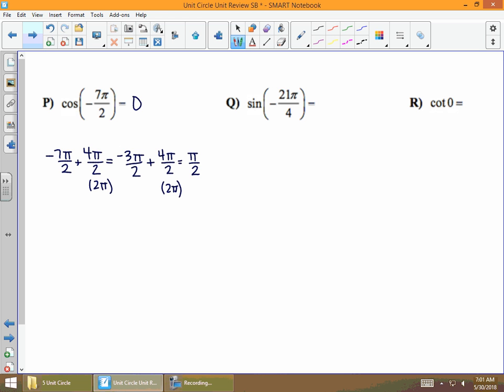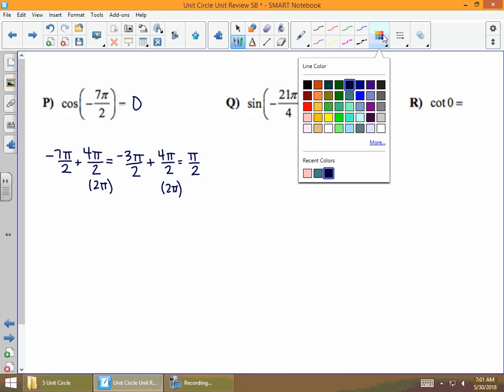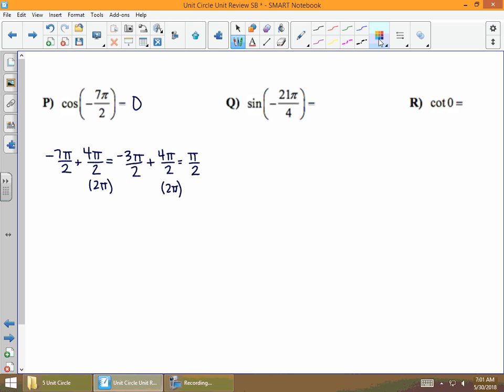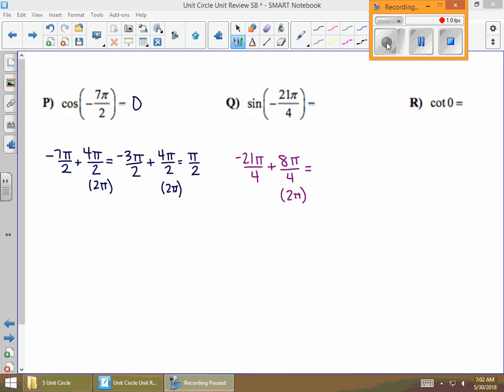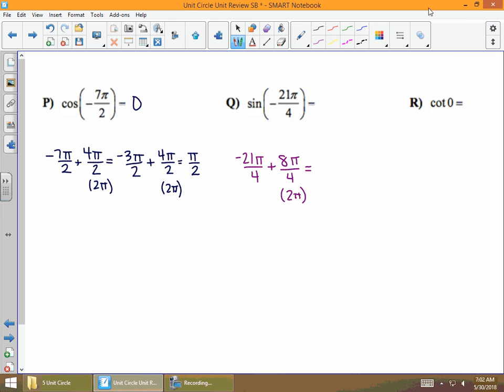All right, more adding and subtracting here. Sine of negative 21 pi over 4. Okay, again with adding 2 pi. And in fourths, 2 pi is 8 pi over 4. So when I add 8 pi over 4 there, I get negative 13 pi over 4.